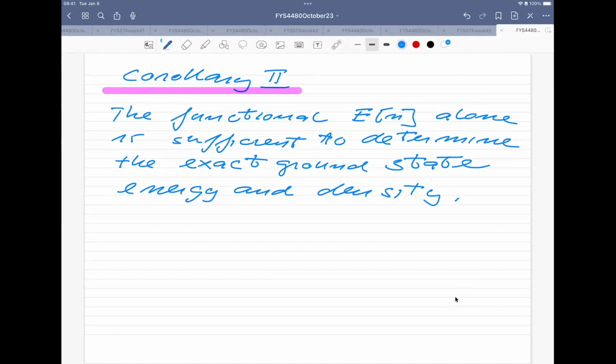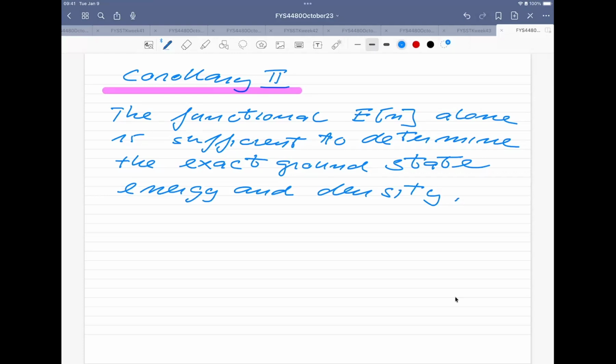So what we're going to do now is to go through the derivation of the theorems. Let's take a look at the first theorem. The proofs of the theorems are often pretty simple. If you look at the first theorem, what we have is the density as a basic variable.